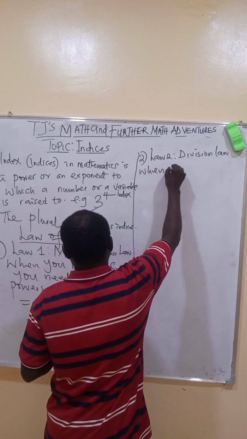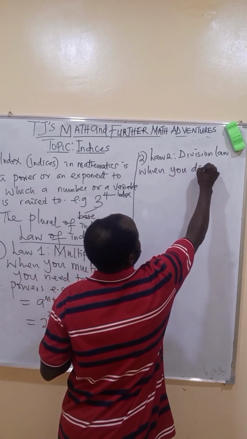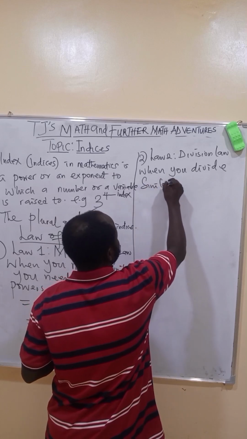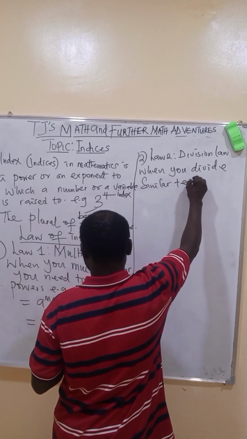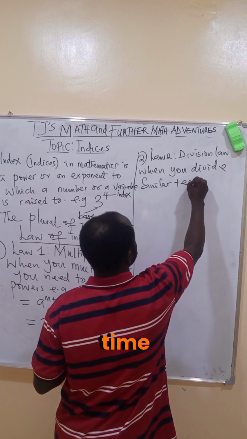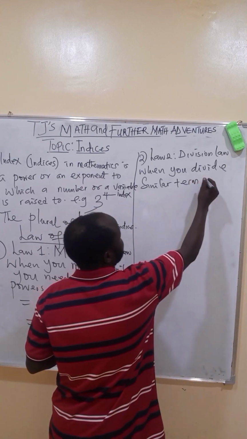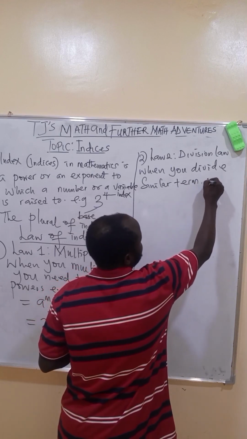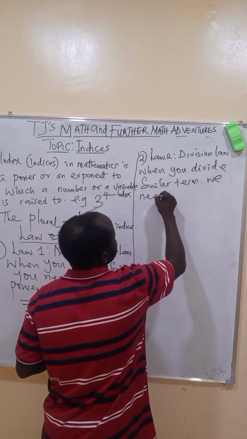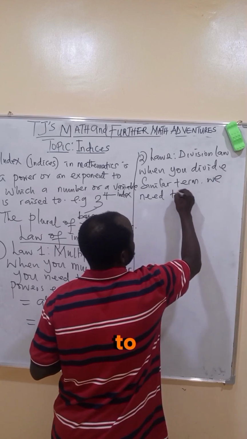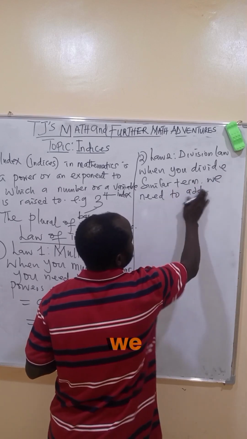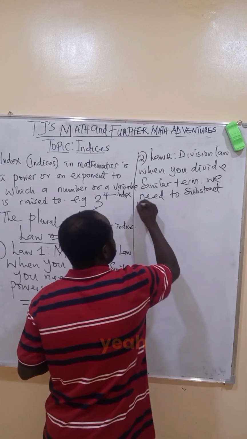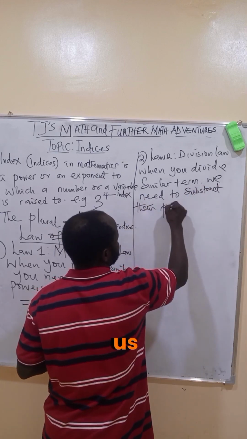When you divide similar terms, we need to subtract their powers.